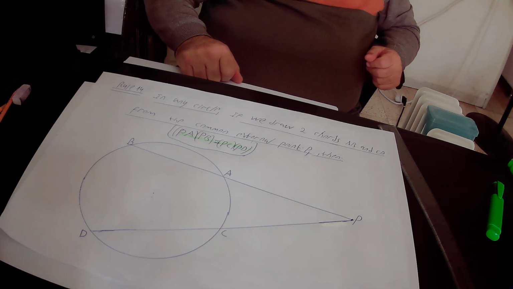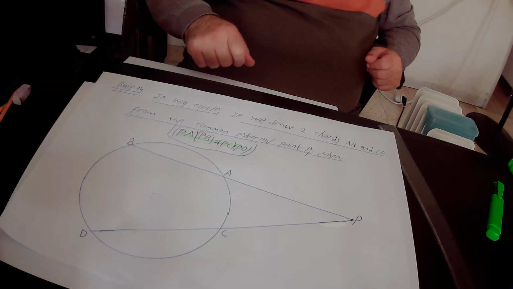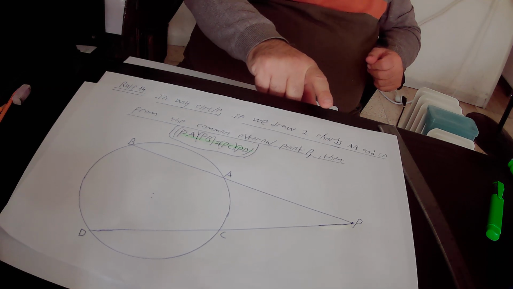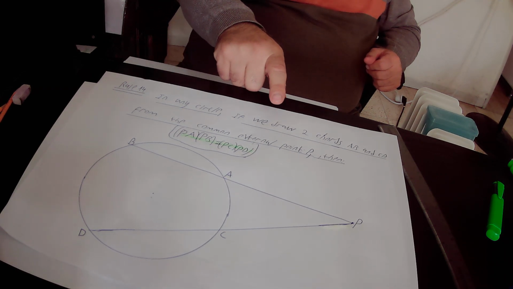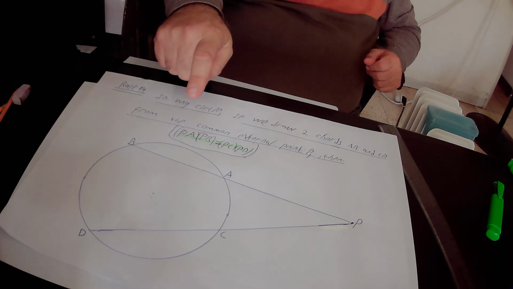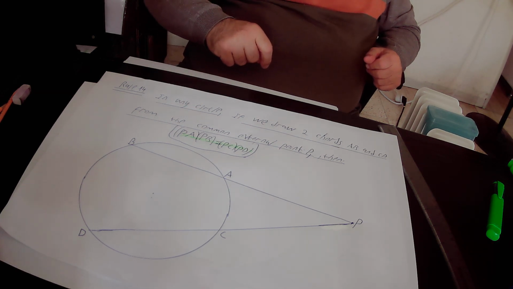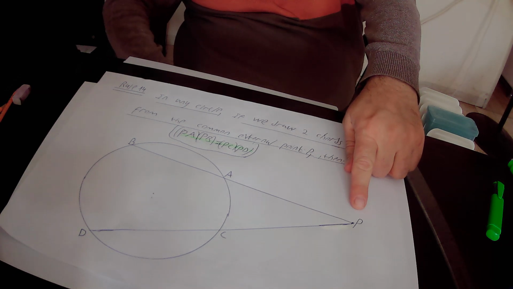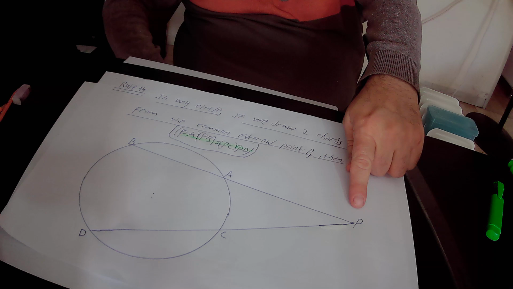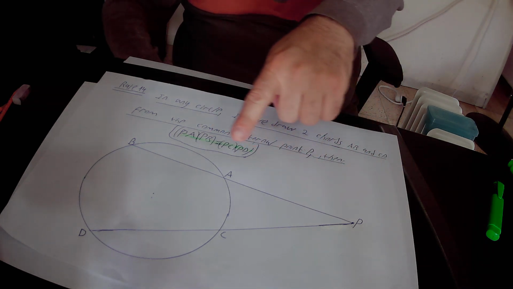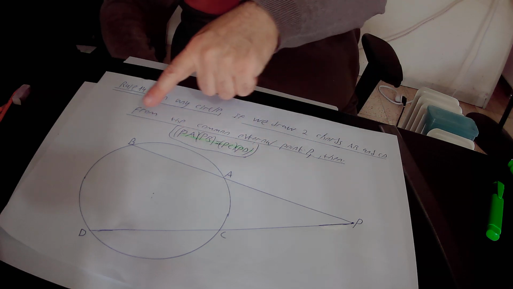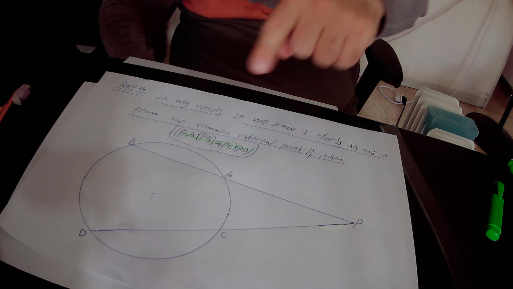Okay, so in any circle, if we draw two chords AB and CD from the common external point P to this circle, so from the common external point P, we drew two chords inside this circle, chord AB and chord CD.